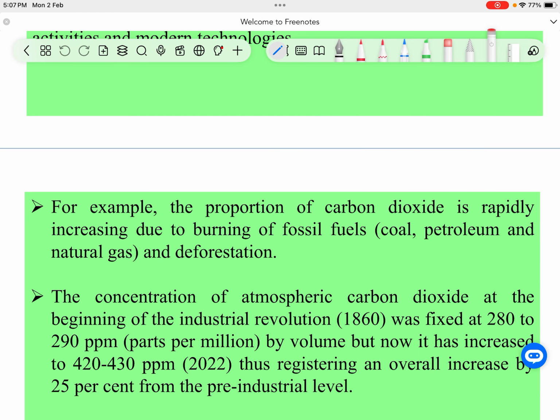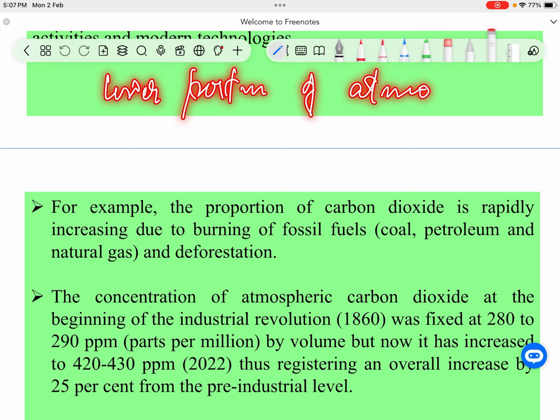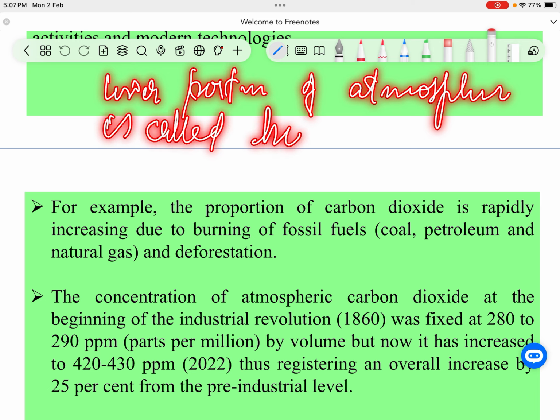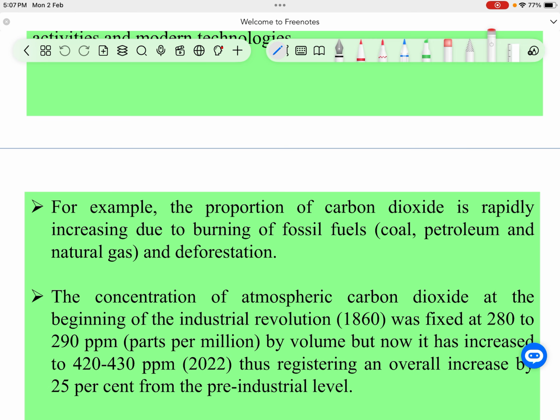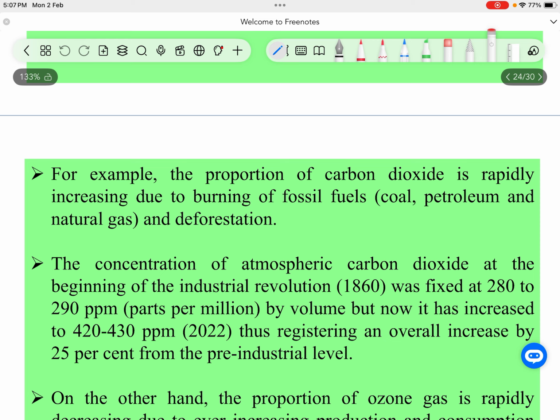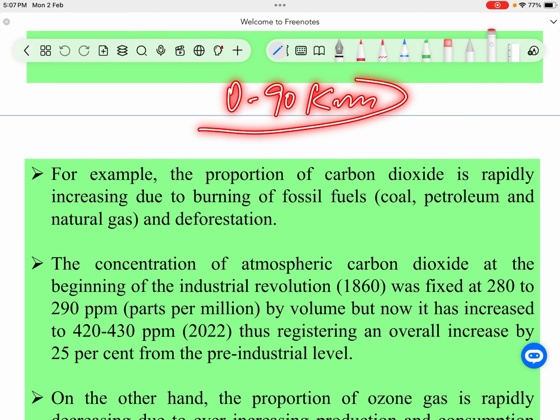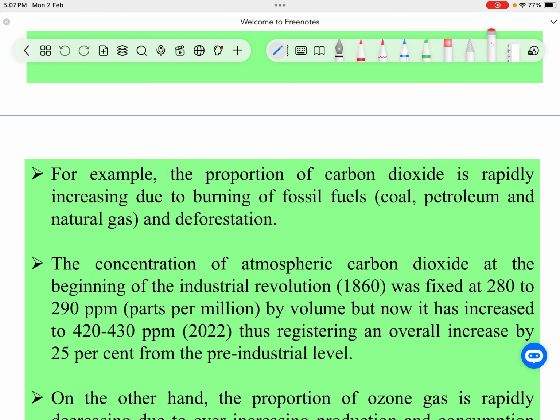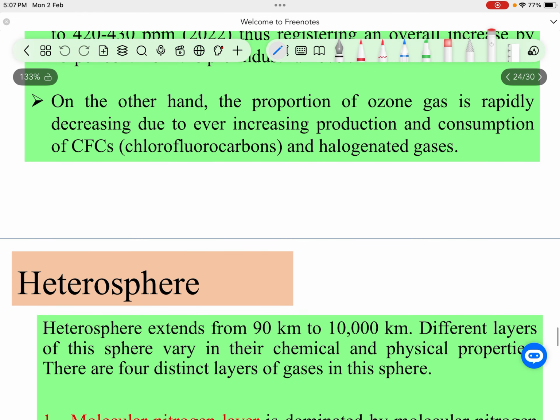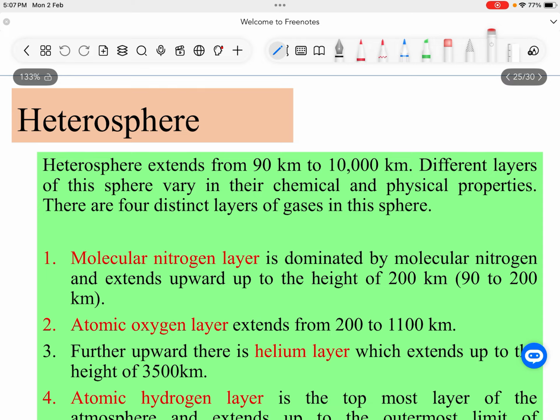That's why this lower portion of atmosphere is called homosphere, right? So basically homosphere extends from 0 to 90 kilometers, in which the gaseous components are uniform and homogeneous. So the second layer is heterosphere.